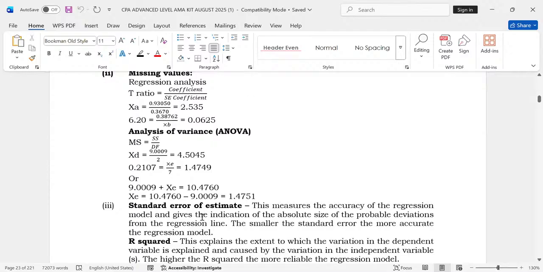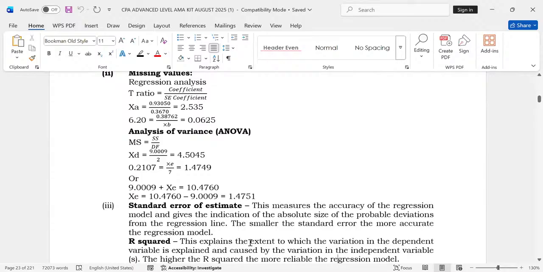Then they want us also to explain R squared.